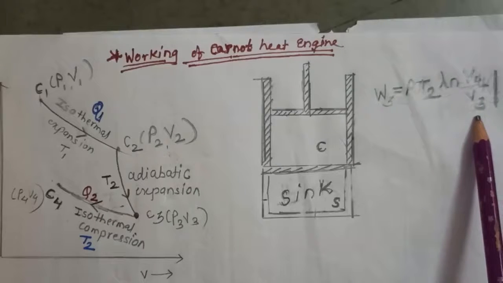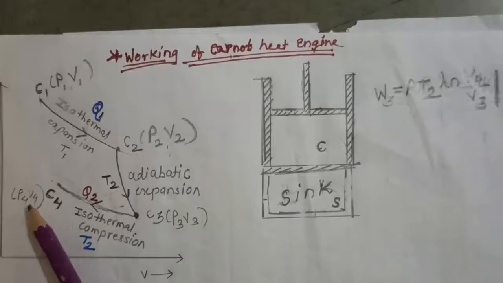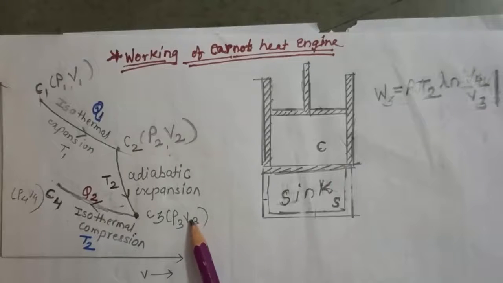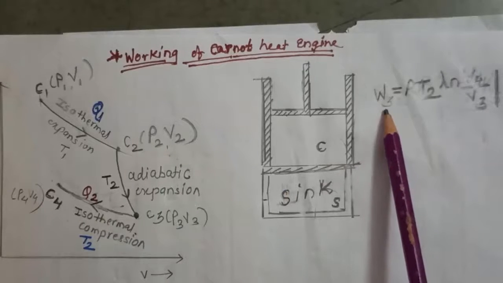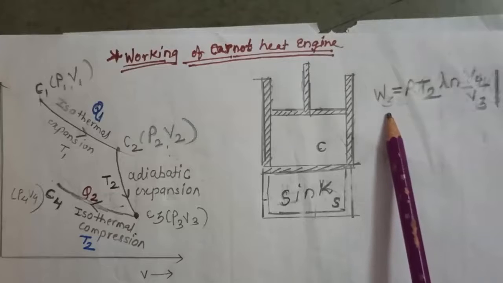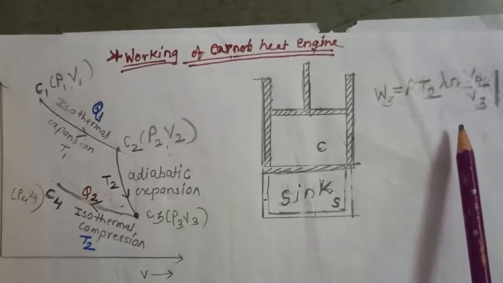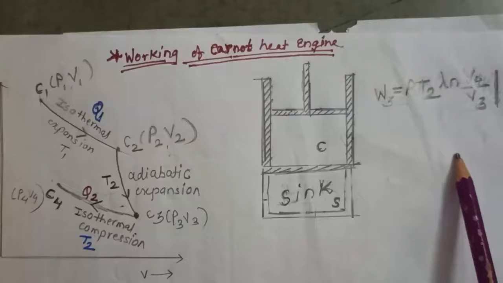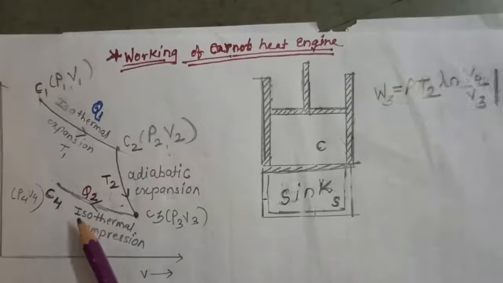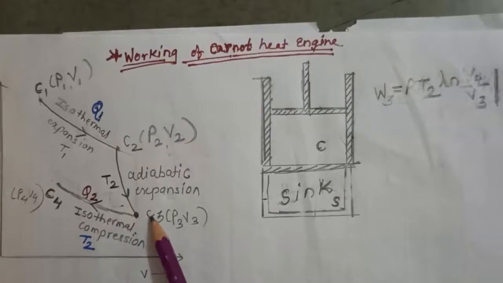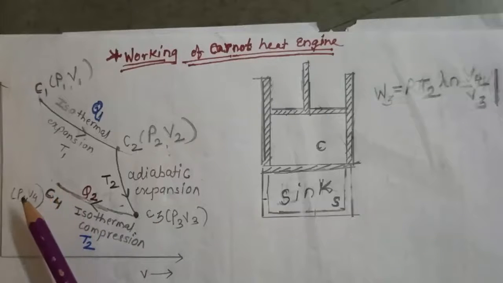Here V4 is less than V3, therefore W3 is negative, that is equal to minus RT2 log of V3 upon V4, and this isothermal compression is represented by the curve C3 C4.